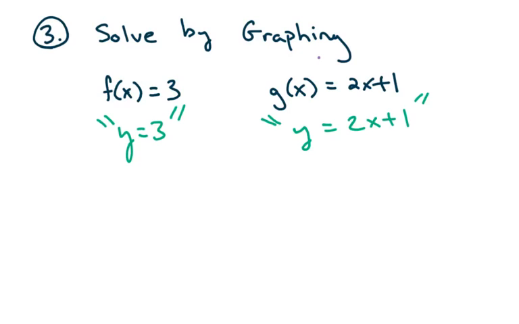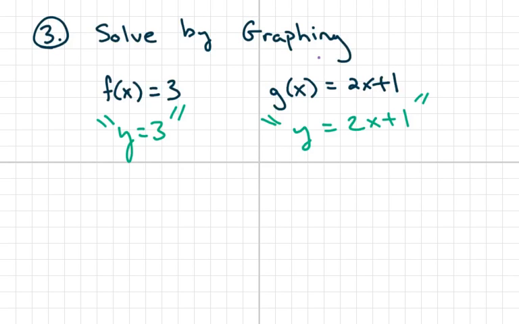So a question should emerge, which is, well, why do we call it f of x and g of x instead of just y? And the reason is if these graphs are different, we want to call them something different, right? But with that being said, let's go through and graph these.